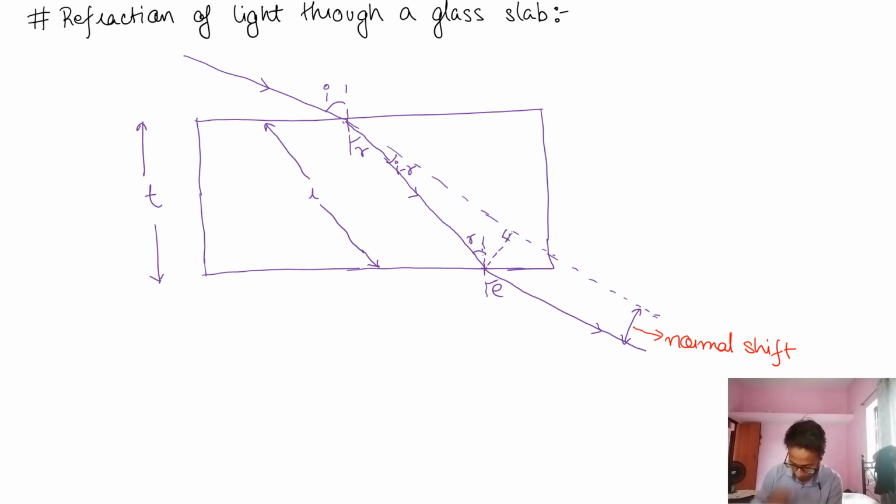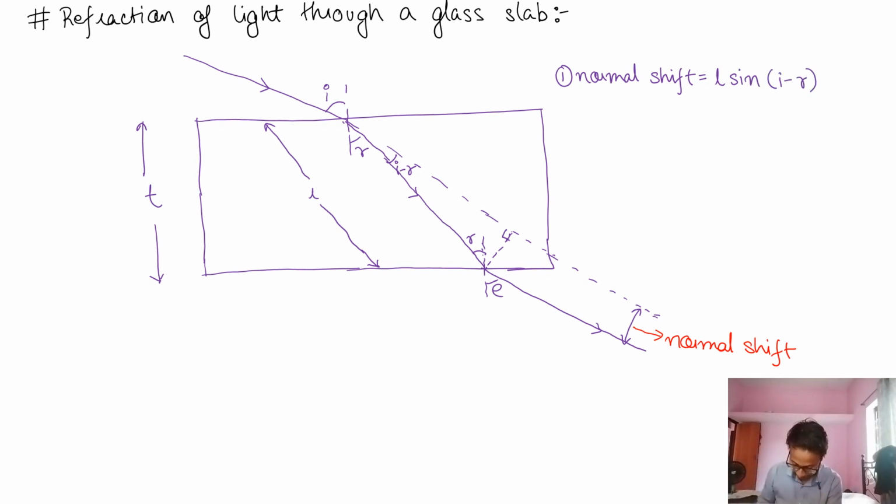Okay, because we draw a normal, and so L sine of I minus R would be this. So I can say that normal shift is equal to L sine I minus R.